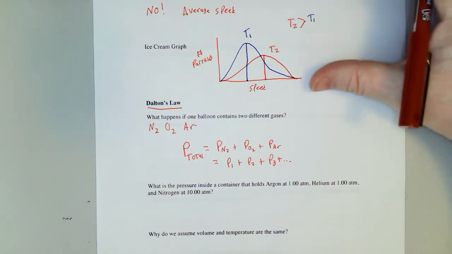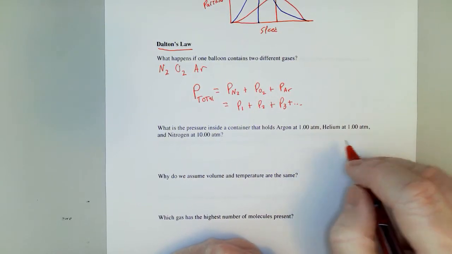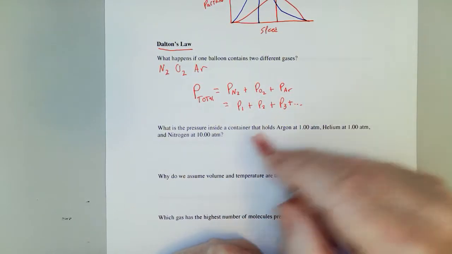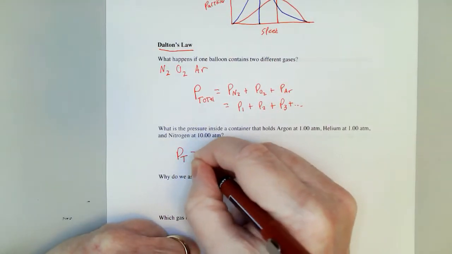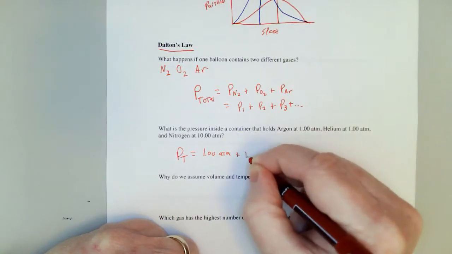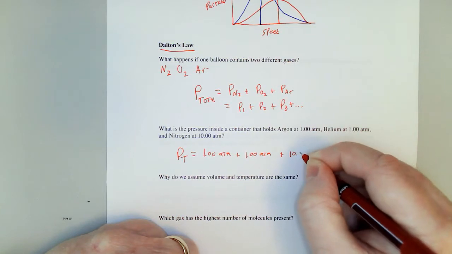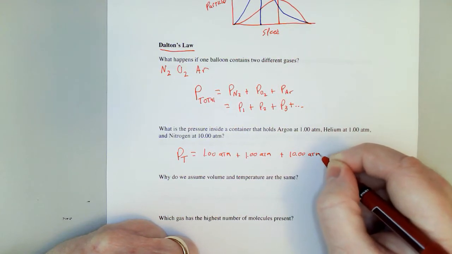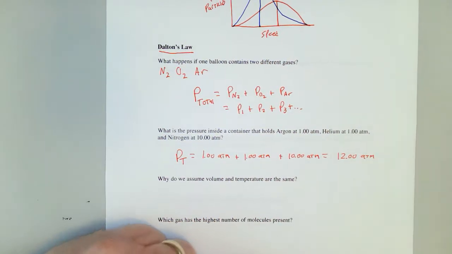Okay? Now, if we've got a balloon that's got argon at 1 atmosphere and helium at 1 atmosphere and nitrogen at 10 atmospheres, the total pressure in there equals 1.00 atmospheres plus 1.00 atmospheres plus 10.00 atmospheres, which equals a total of 12.00 atmospheres.